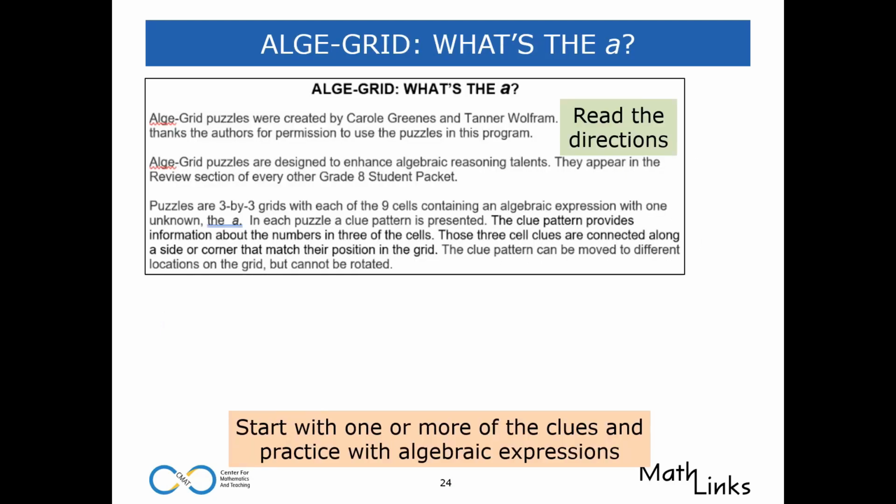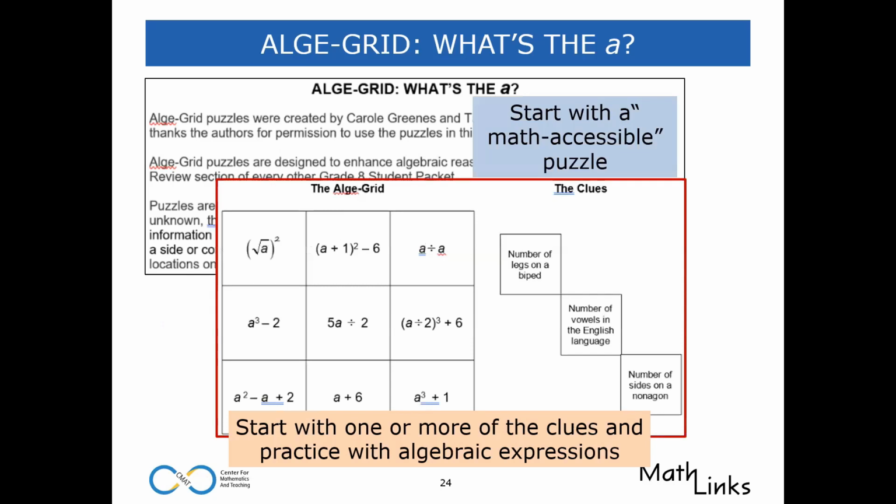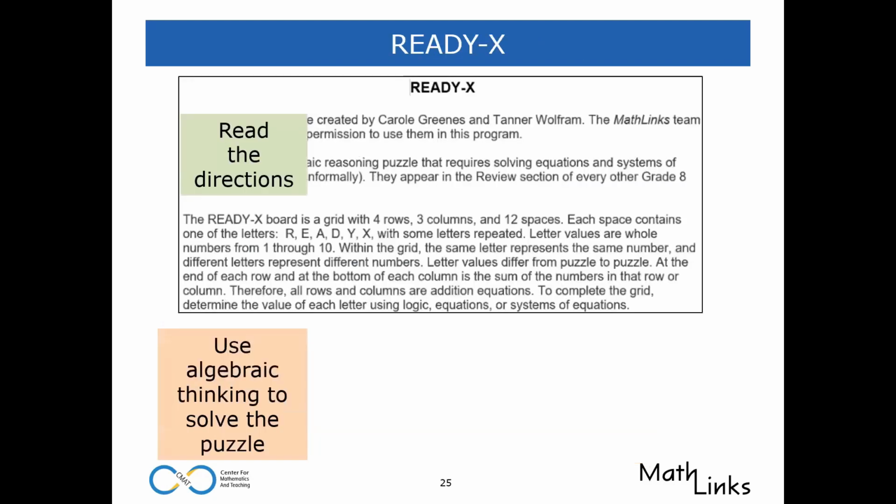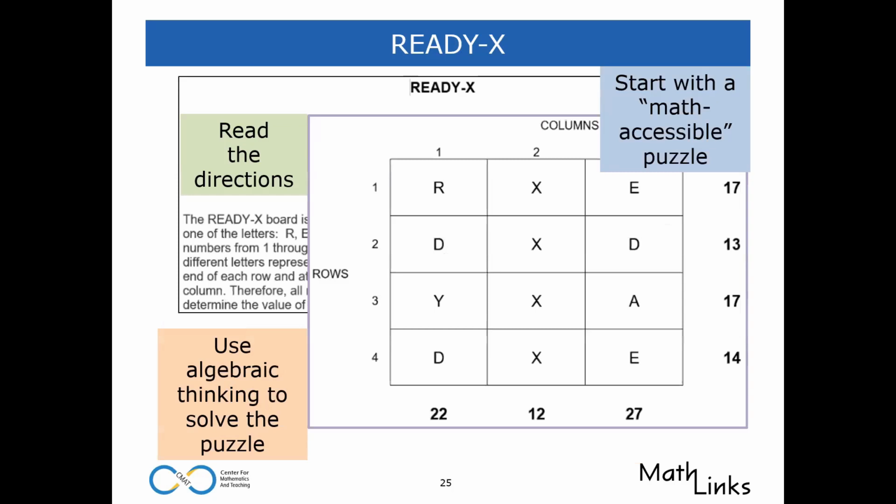Algebrid and ReadyX puzzles alternate to start the spiral review pages in every 8th grade packet. For Algebrids, clues get students started on working with expressions to solve the puzzle. ReadyX puzzles use algebraic thinking, specifically concepts around variables and solving equations.